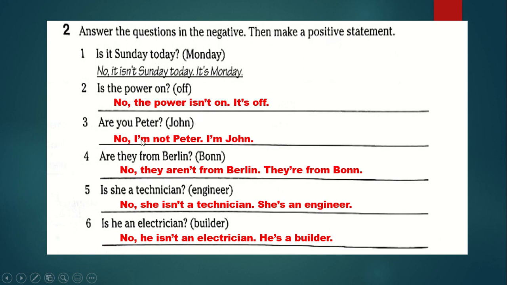Also, I'm, it should be I am. Aren't, are not. They're, they are. She's, she is. He's, he is. Isn't should be is not. So aren't, are not, and so on. So these are the contracted forms.